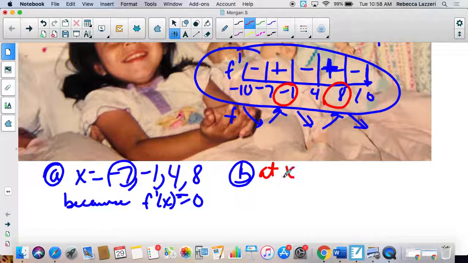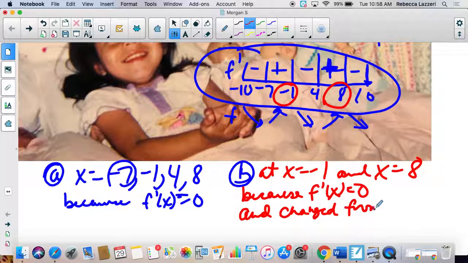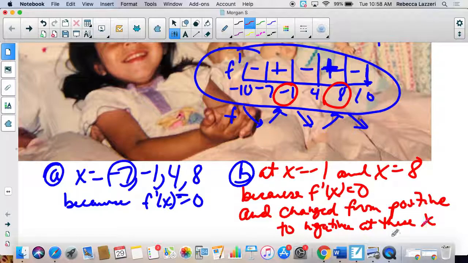At x equals -1 and x equals 8, and I would say because f prime of x equals 0 and changed from positive to negative at these x values.